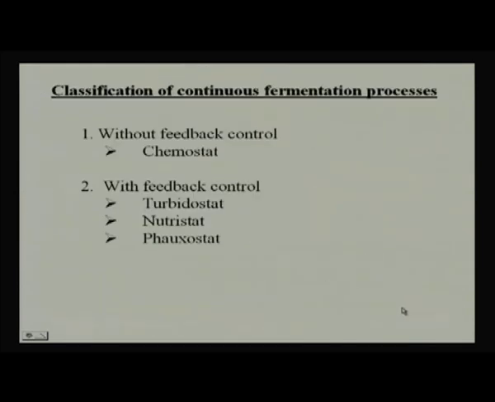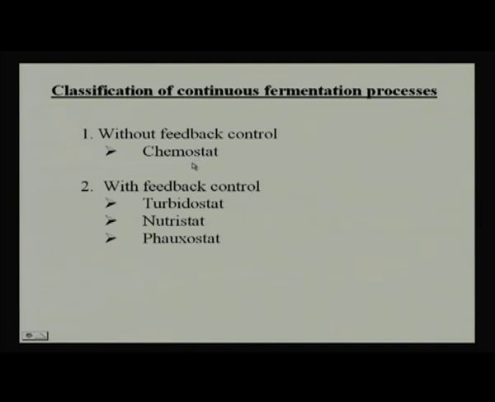Now, if we see the continuous fermentation process, it can once again be divided as without feedback control and with feedback control. When we come to without feedback control, we are mainly considering the chemostatic model.